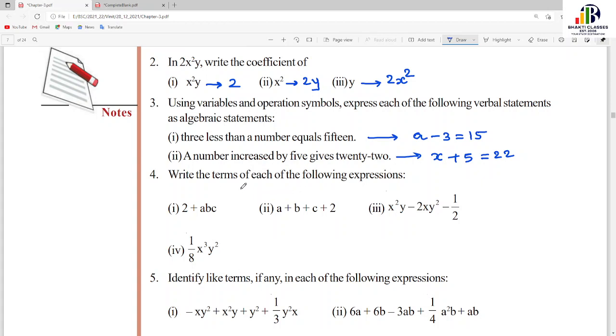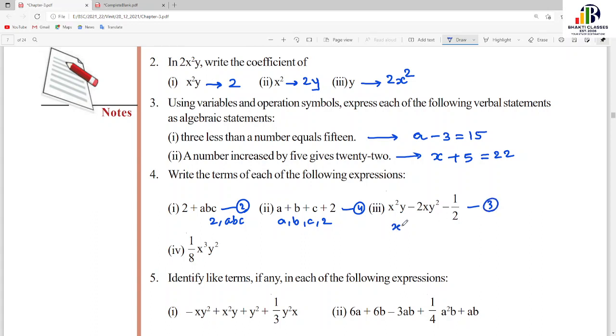Write terms of each of the following expressions. So here 2 plus ABC has two terms and they are 2 and ABC. Here there are 4 terms and they are A, B, C, 2. Here there are 3 terms.